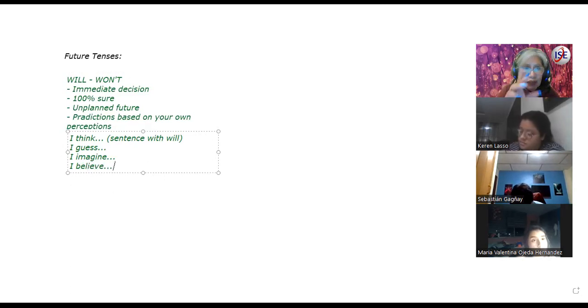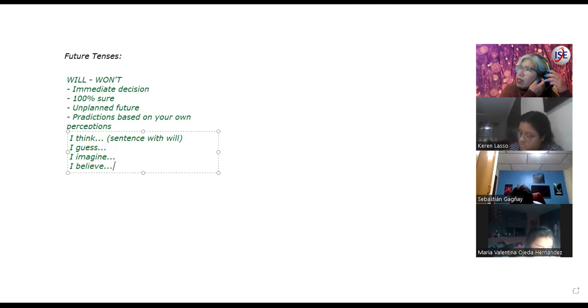And the sentence after any of these expressions is always with will. Okay, I think, I guess, I imagine, I believe. Why do we use that? Because there is no reason for you to say that, but your own thinking.